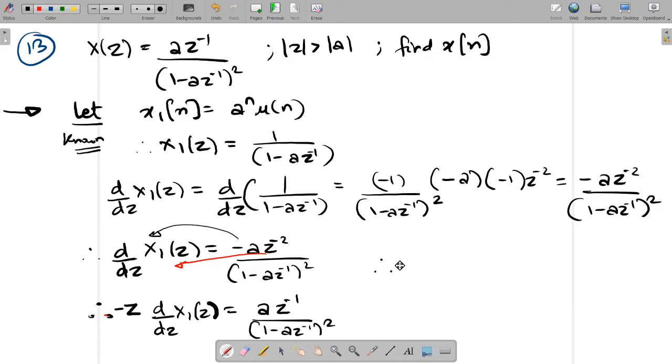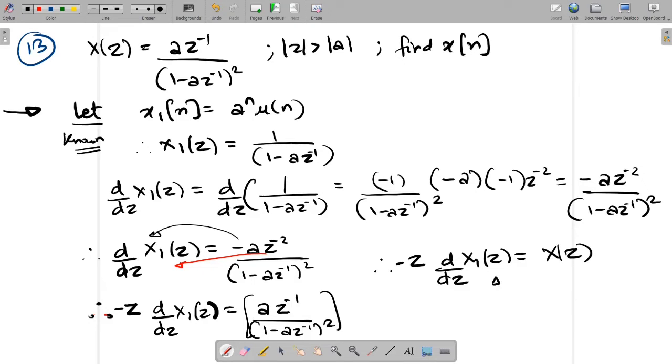Therefore minus z d by dz of x1 of z is equal to, what is this entire term? a z inverse upon 1 minus a z inverse the whole square. It is your x of z directly.